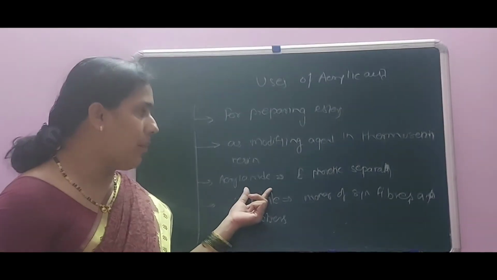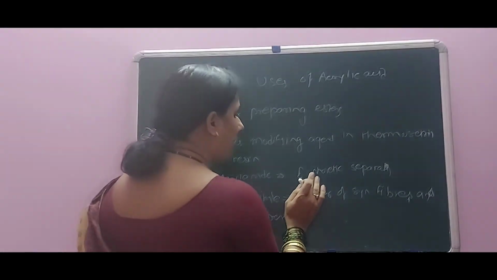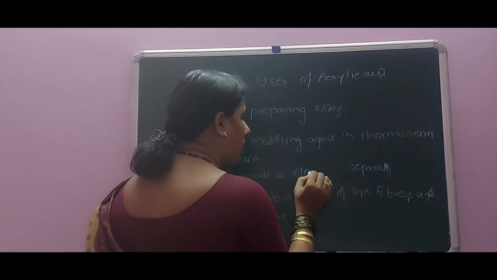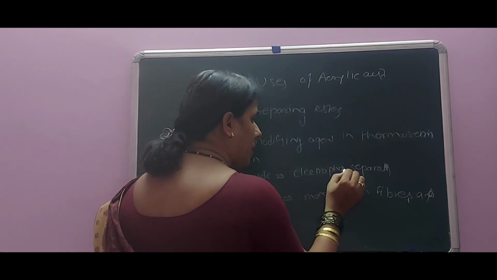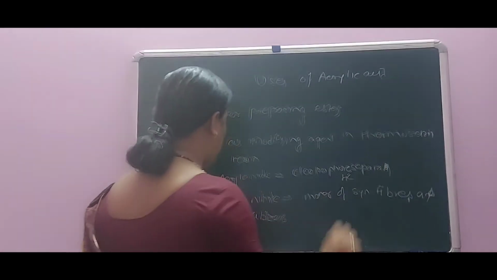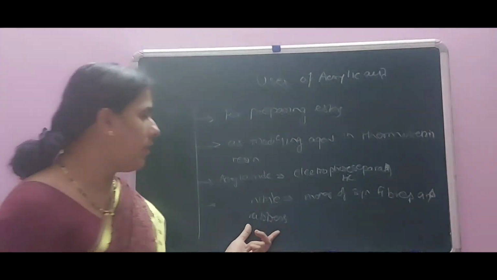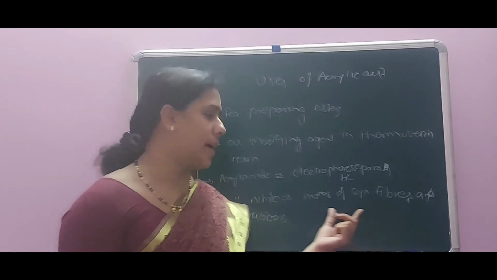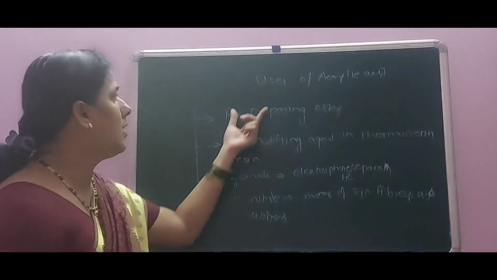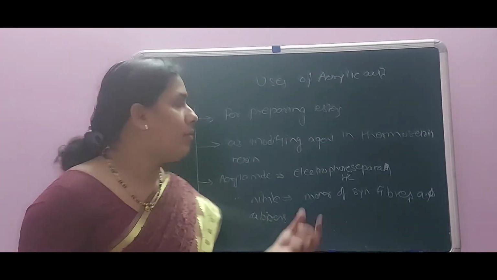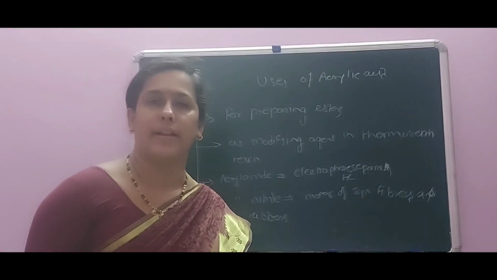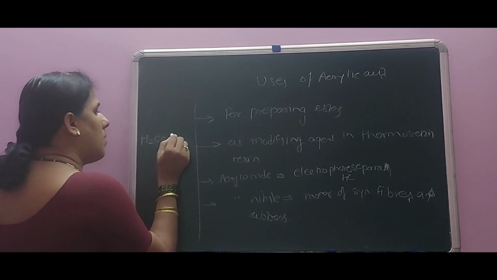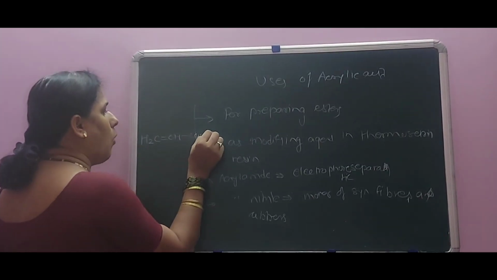Acrylamide is used in electrophoretic separation, and acrylonitrile is used as an important monomer of synthetic fibers and rubbers. Thus, we have discussed the first unsaturated acid, acrylic acid, having the formula CH2=CH-COOH.